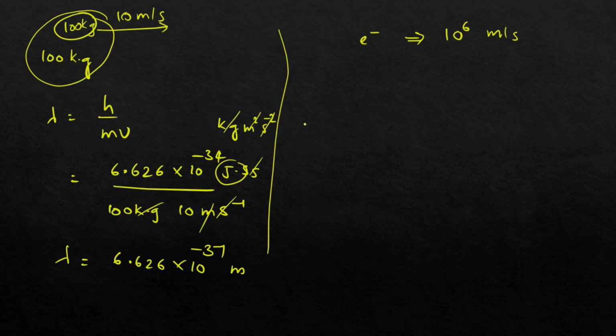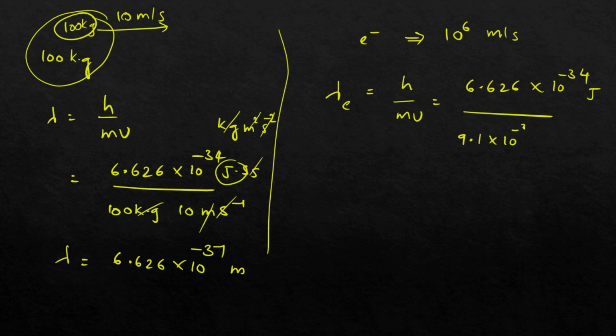Coming to the second case, the electron is moving with 10 power 6 meters per second. If you calculate de Broglie's wavelength for an electron, lambda is equal to h by mv. H is the Planck's constant 6.626 into 10 power minus 34 joules divided by the mass of electron 9.1 into 10 power minus 31 kg into velocity 10 power 6 meters per second.